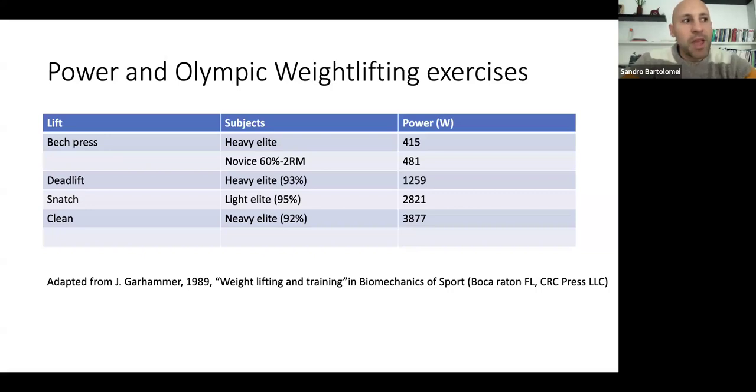For example, they may perform a hang snatch or power snatch. Hang is when you lift the bar not from the ground, but at a different height. And power snatch means that you are not going very deep in the squat in order to catch the bar, but you are actually lifting the bar more.